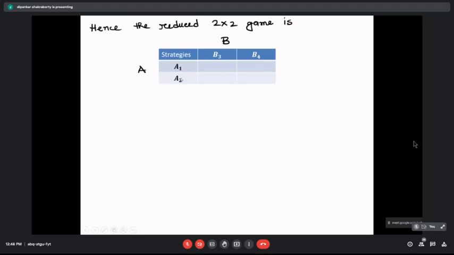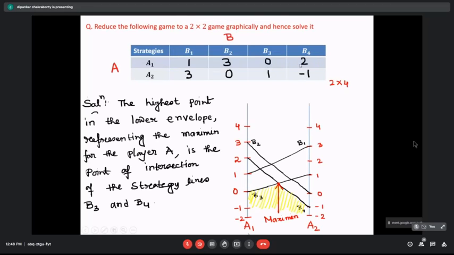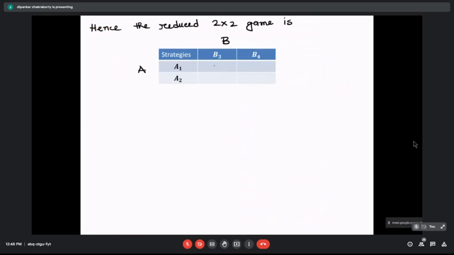So what are the entries for player B? 0 and 2, and 1 and -1. Right? So 0 and 2, 1 and -1. Is it okay to all of you? Because this is the graphical method for games, nothing else.